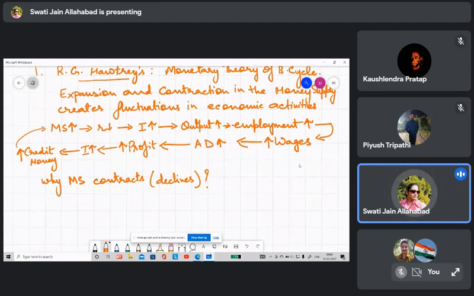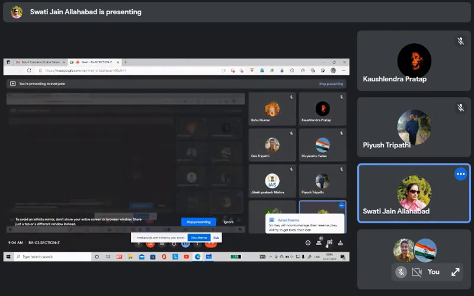Once the banks start taking back their loans, the economic activity will start contracting, because in order to pay the loan, people who have borrowed have to sell their assets or their goods. When the selling takes place in order to pay back the loans, then the contraction will set in. I hope you are all able to understand this idea.